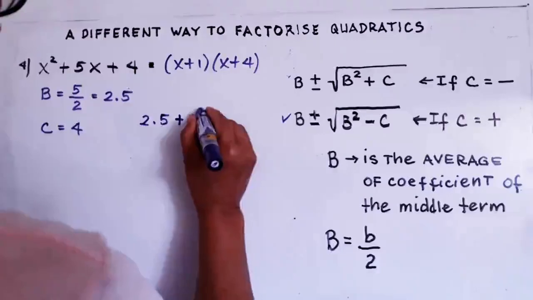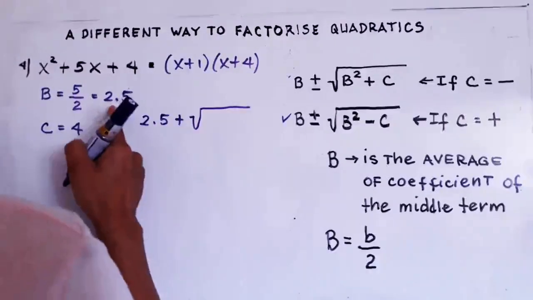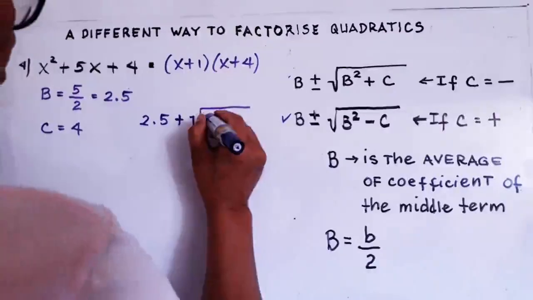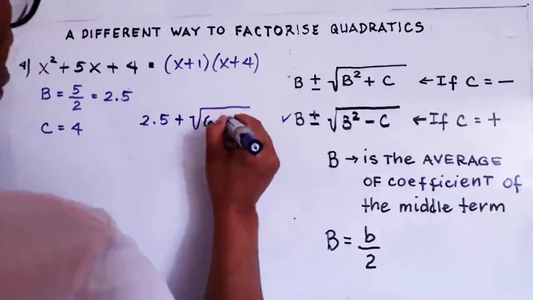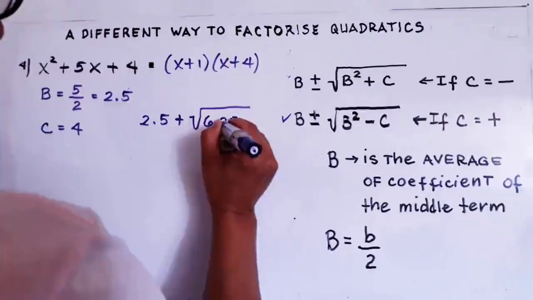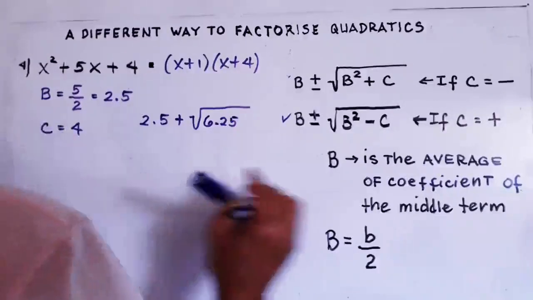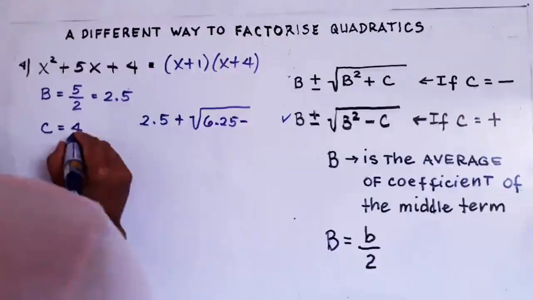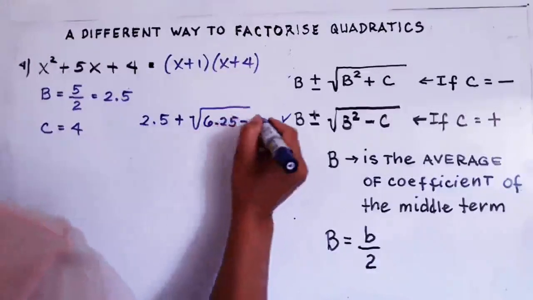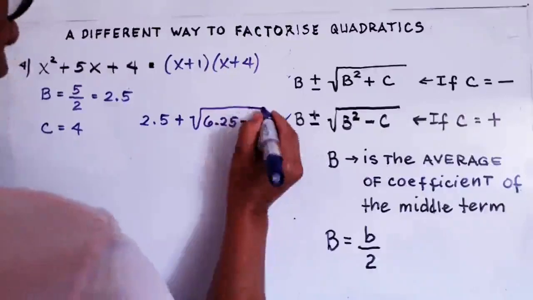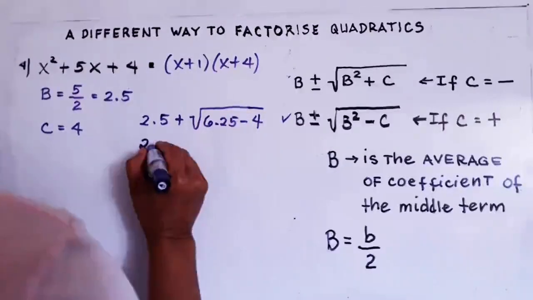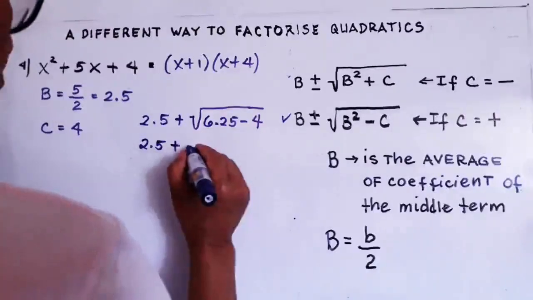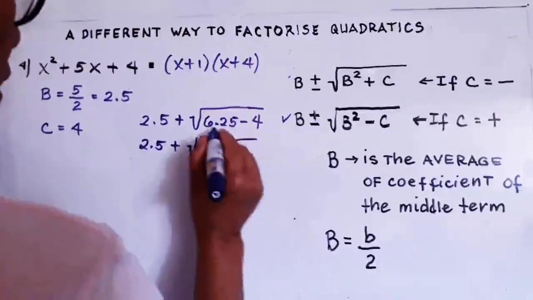And then we are going to square this one. 2.5 times 2.5 is 6.25. Okay, positive, again positive, we use the minus, and then the minus. And we are going to subtract this 4, the c here. Okay, so you have 2.5 plus, we subtract now 6.25.